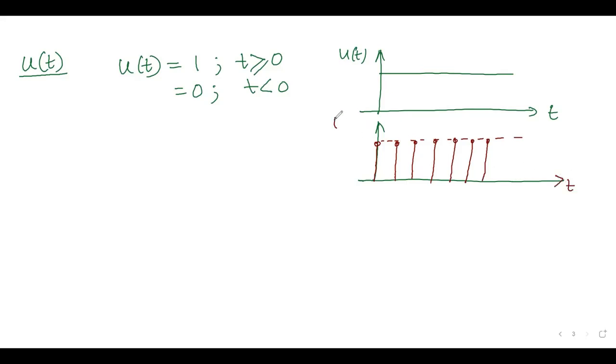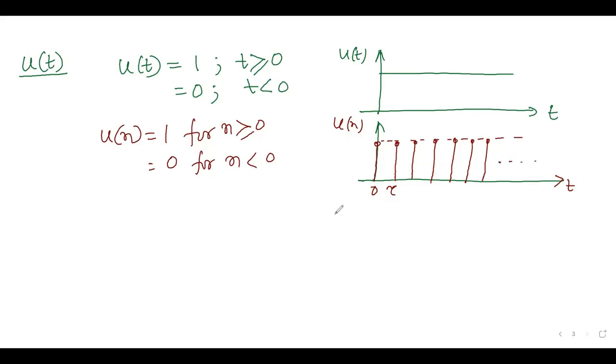So here this will be un, which is 1 for n greater than or equal to 0 and 0 for n less than 0. This is the unit step function converted to a sequence by a sampler. So what will be its Z transform?